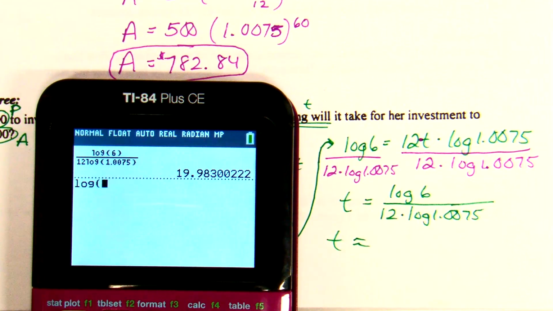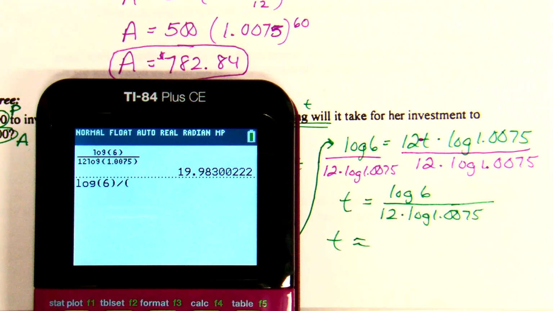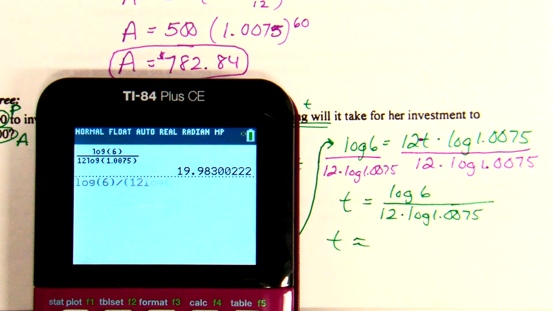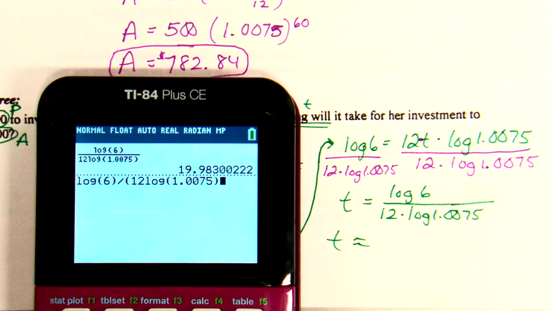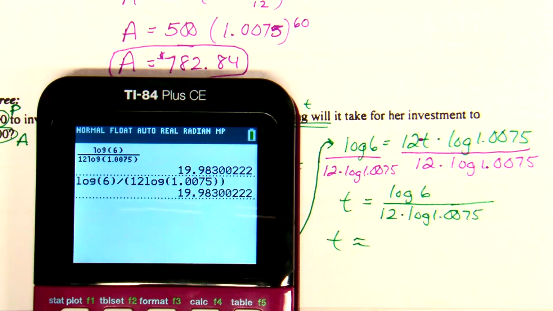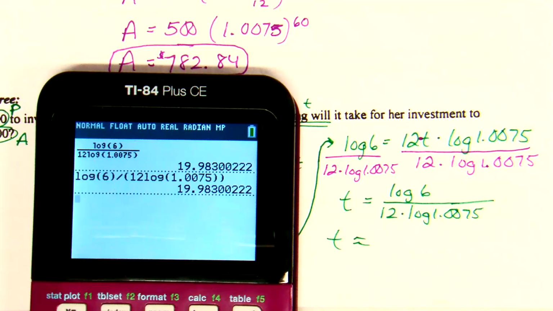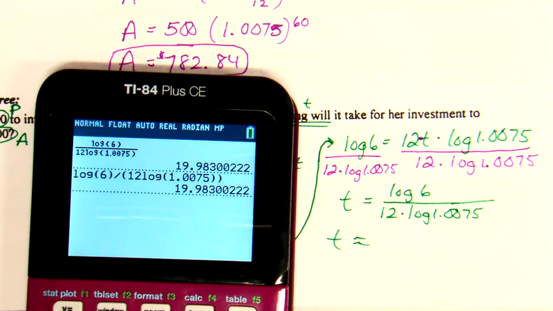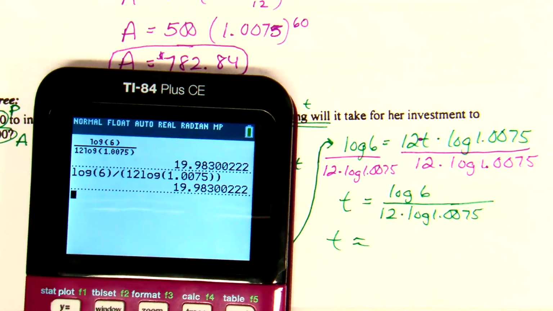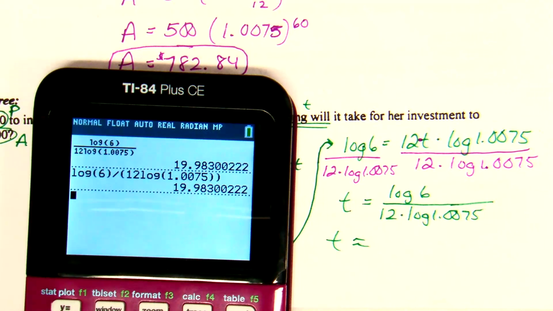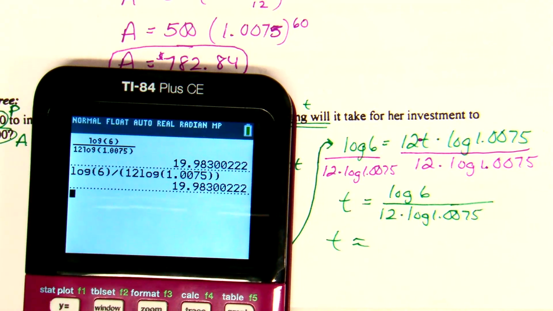If you did it without the fraction bar, as I said, just make sure you put parentheses around the denominator. Okay, both ways work. So what is this answer? 20 years?